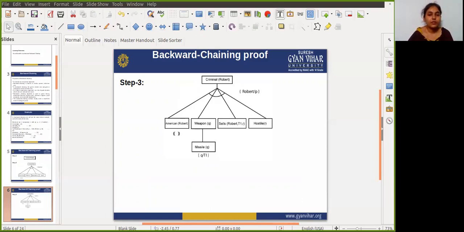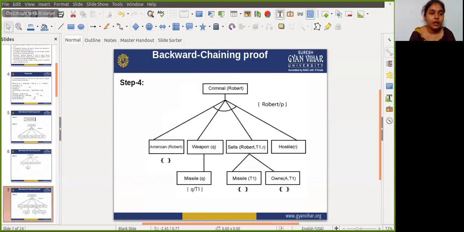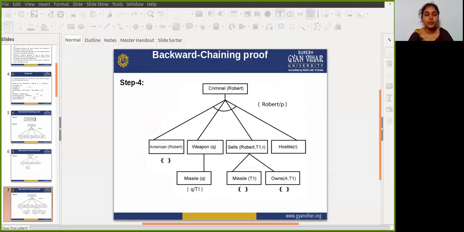So we just substitute T1 at Q. Next, at the fourth step, we can infer facts Missile(T1) and Owns(A, T1) from Sell(robot, T1, R), which satisfies rule 4, which is substitution of A in place of R. So these two statements are proved here.